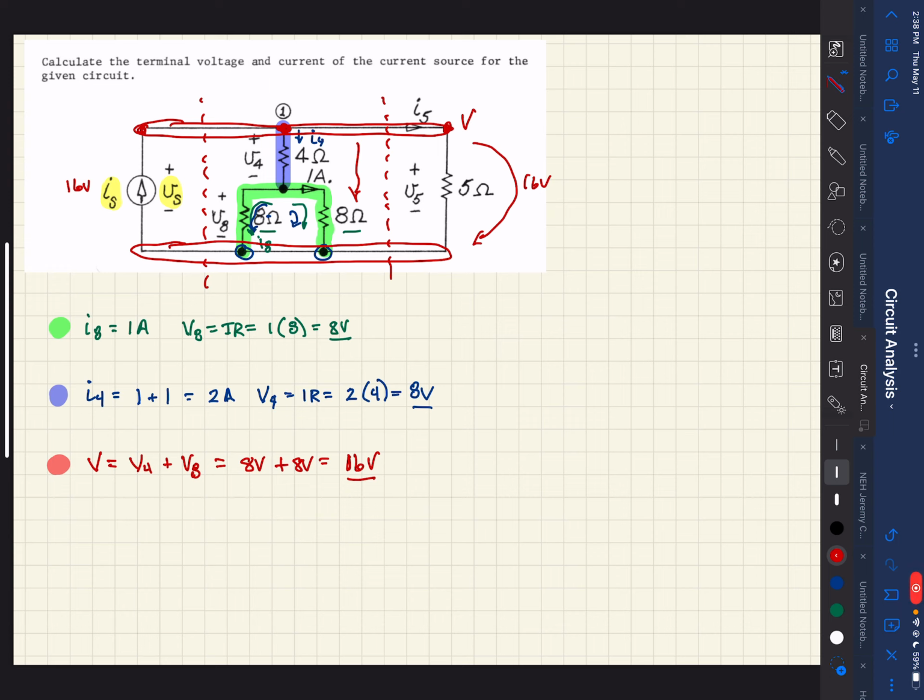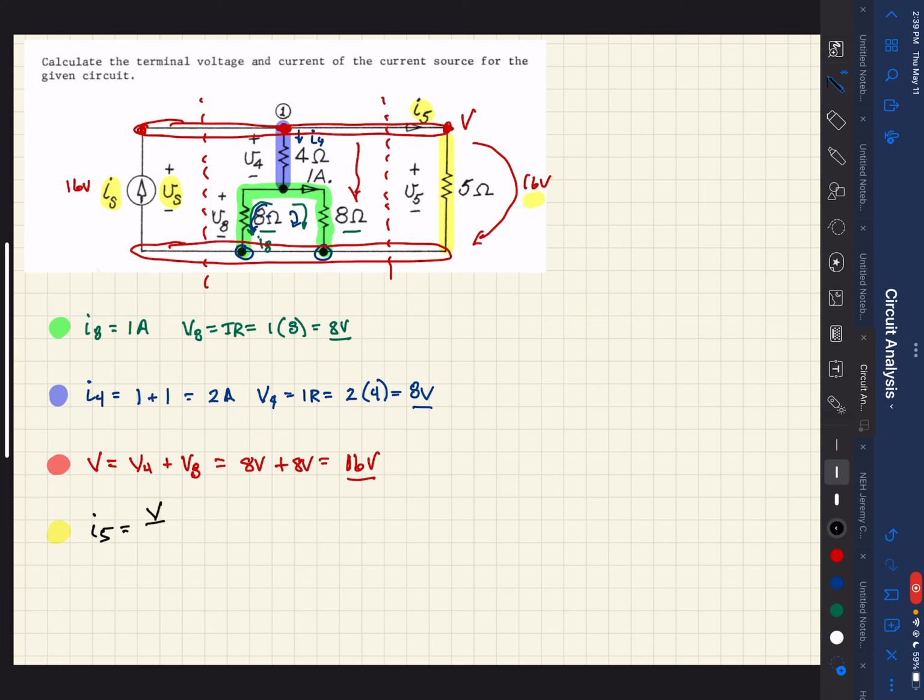Now we want to look at the next branch here. We see that I5 travels through that 5 ohm resistor, and we also know that there's a 16 volt drop across that resistor. So we can come back here and again use Ohm's law to determine what I5 is.